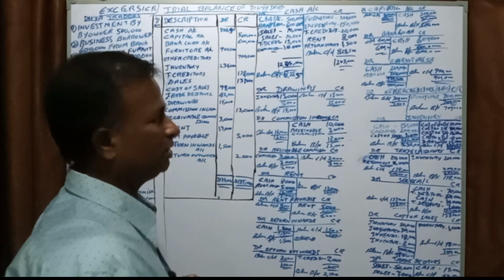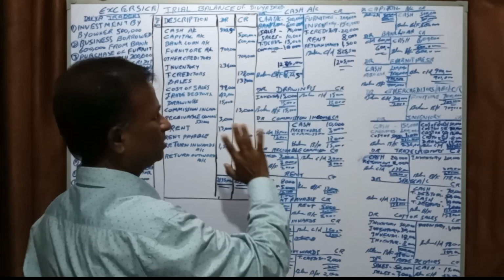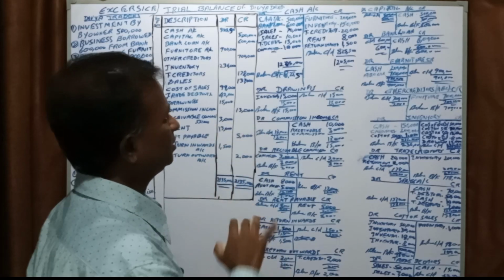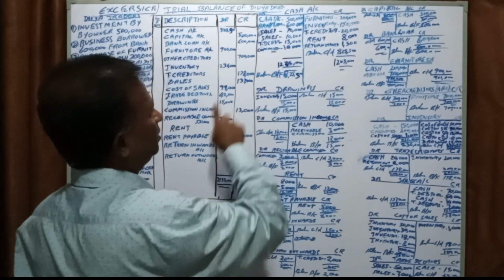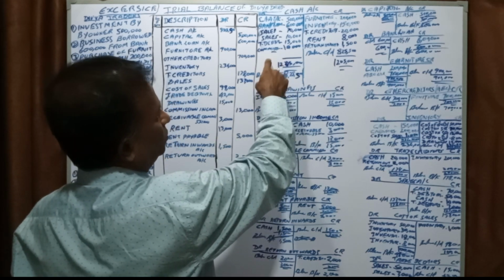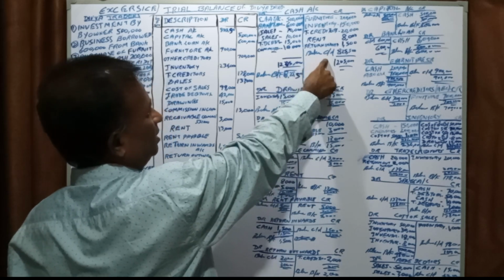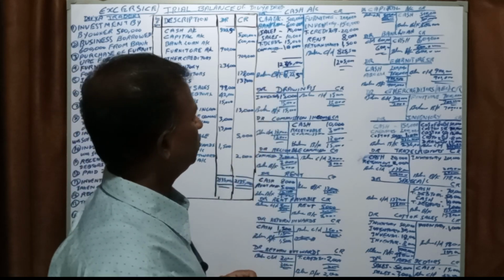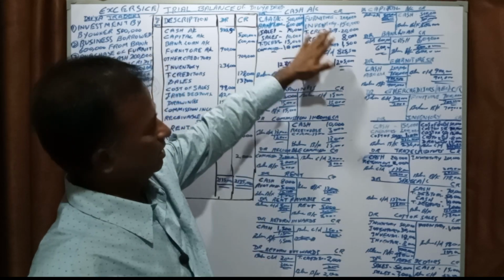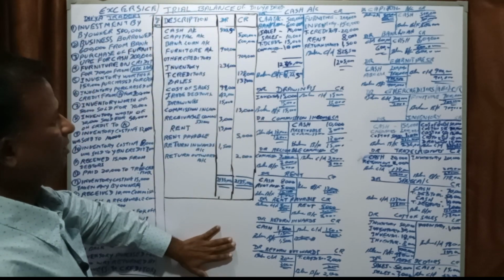Today you have learned how to post the entries in the T accounts. Now the whole accounts have been integrated. So today you learned how to balance the T accounts, how to get the balancing figures, how to bring forward the balances, and how to prepare the trial balance.